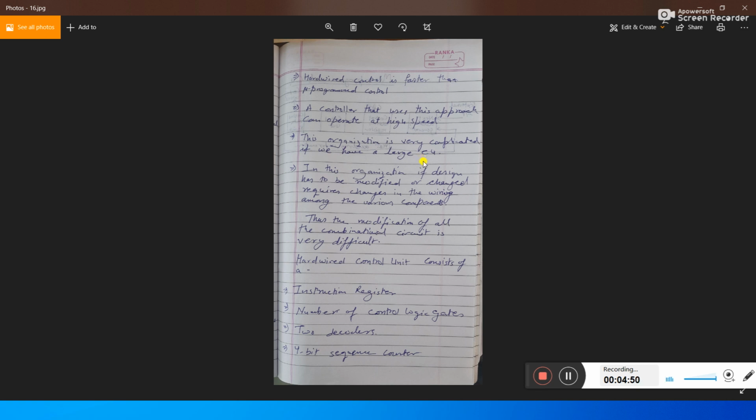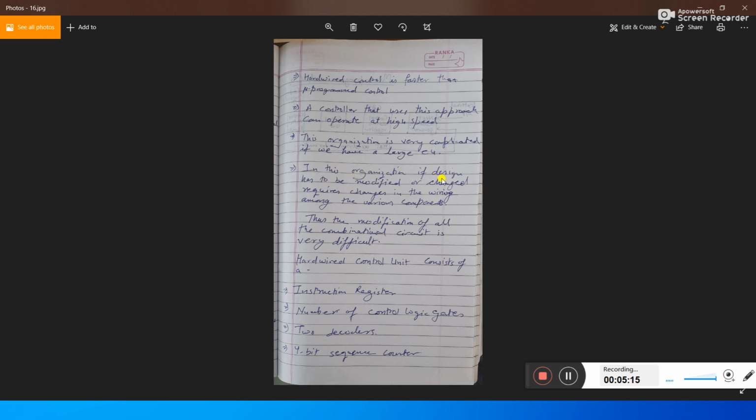As I have given you an example, we can use hardwired control for a red light kind of system, but we cannot use a hardwired control unit for our personal computers or general purpose systems. For that kind of system, we should use the microprogrammed control unit.